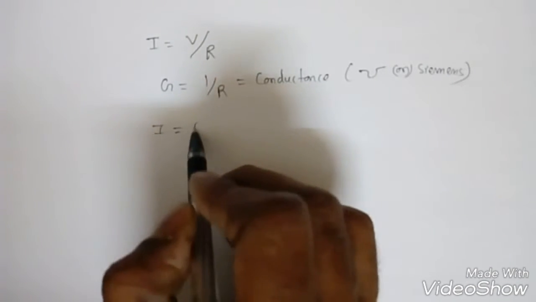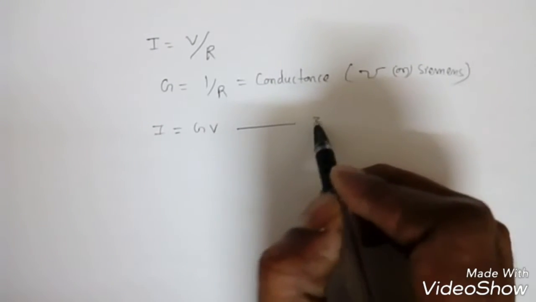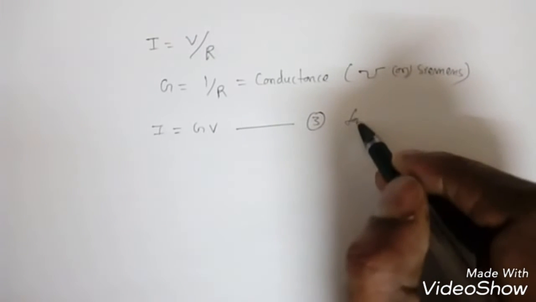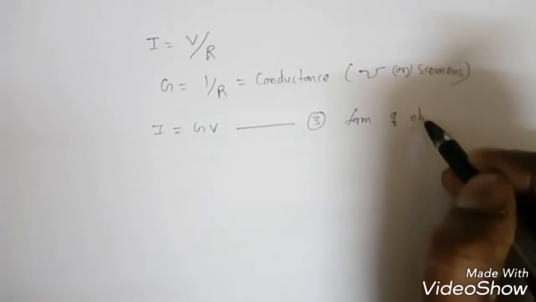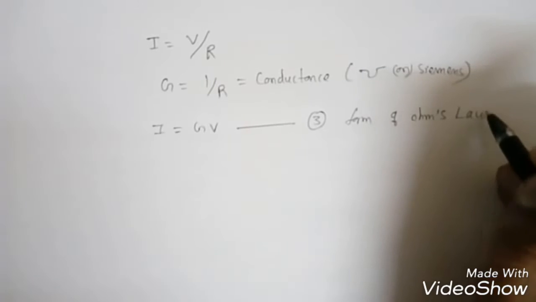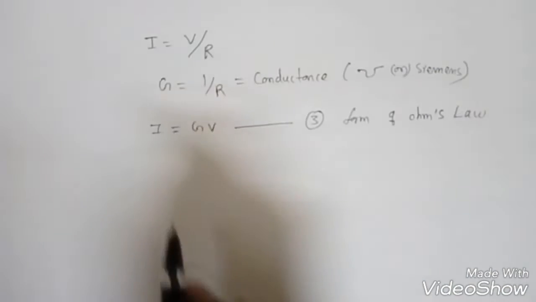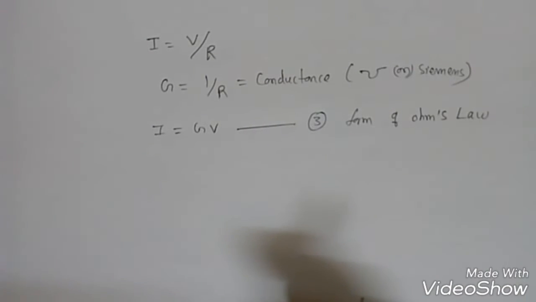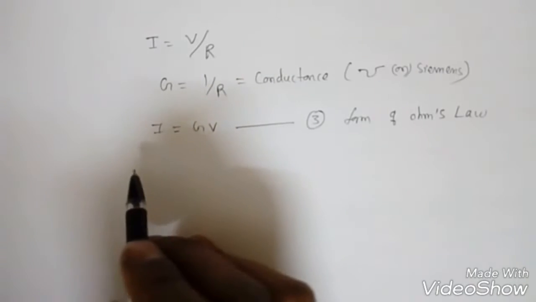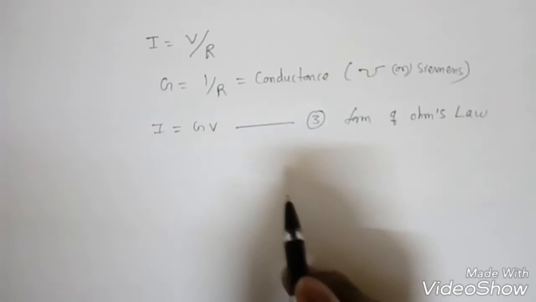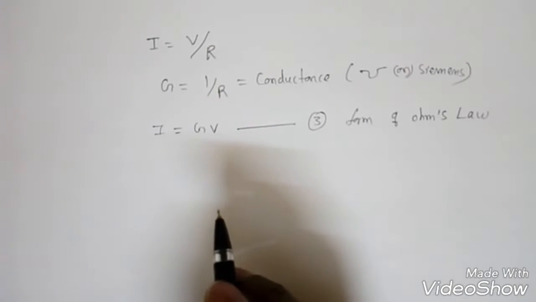So that I is equal to G into V. This is the third form of Ohm's law. So this is about this one. Now, when Ohm's law is valid, always the temperature should be constant.